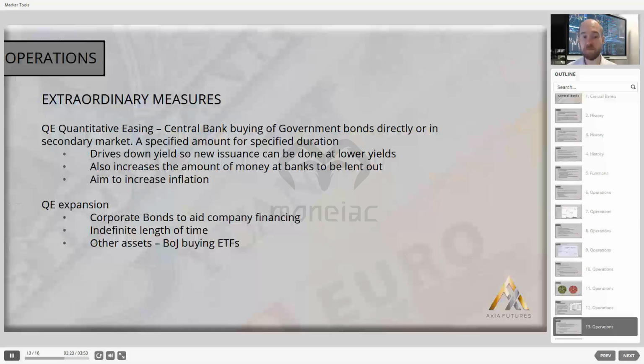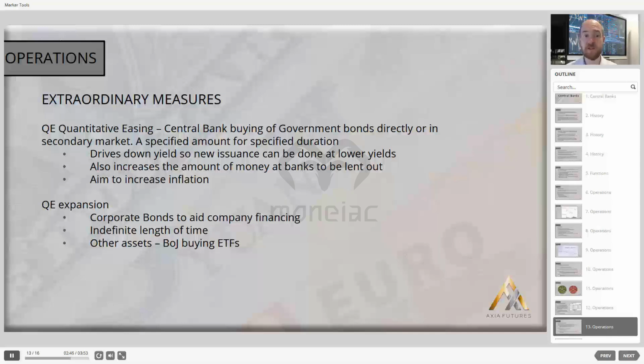Or they can vary it in terms of time. So they could go an indefinite length of time, an indefinite amount of buying as well. They could say that we will buy unlimited, certainly in terms of time, and they would just say we will just continue these purchases for an unspecified amount of time.